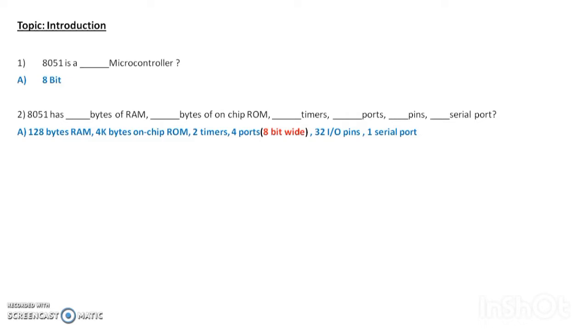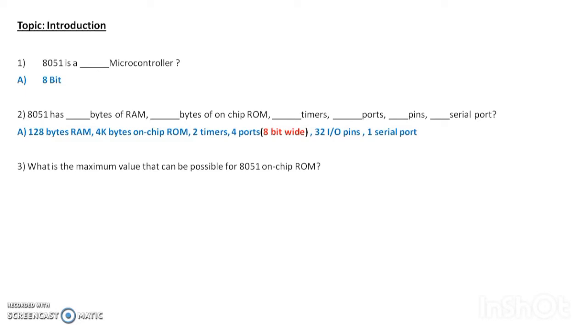What it means is there will be 4 ports and each port will have 8 pins, so 32 input output pins. Basically 8051 is a 40 pin 8-bit microcontroller. Out of these 40 pins, 32 pins are used as both input and output, and one serial port.